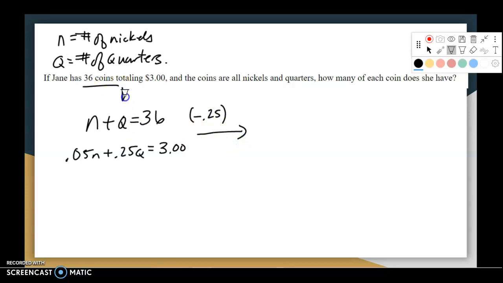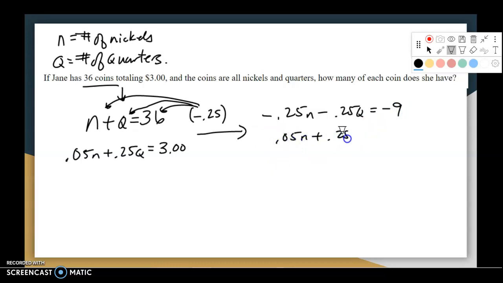All right, I'm going to eliminate Q. So that gives me -0.25N minus 0.25Q equals -0.25 times 36, which is -9. And then the bottom equation, I'm going to keep it the same: 0.05N plus 0.25Q equals 3. I'm not going to write 3.00. I'm just going to write 3.